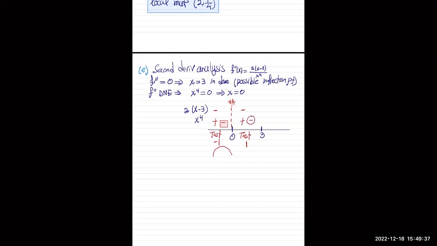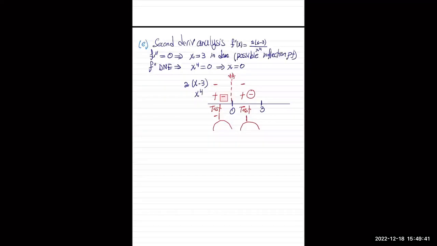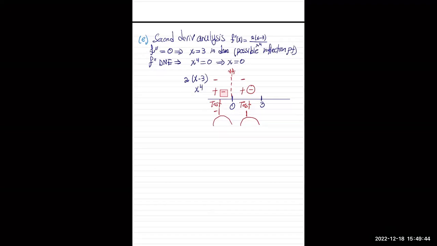Once again, a negative second derivative. So at that vertical asymptote, the function is still concave down, concave down. Test 4. We have positive, positive, concave up. So the inflection point for sure is happening at 3.